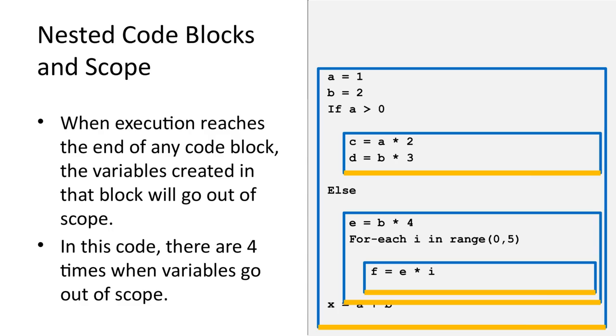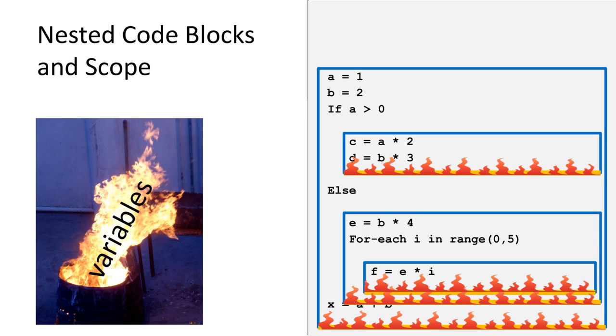The end of the code blocks are highlighted here by the orange lines. Each time execution reaches one of these points, variables may go out of scope. That means that those variables will be destroyed. So the lines of code that follow will not be able to use those variables anymore. Let's look at each of these in turn.